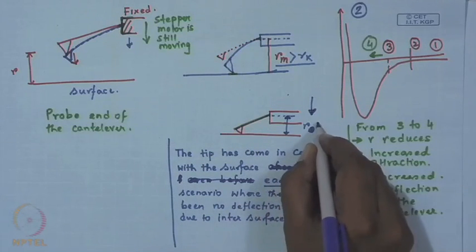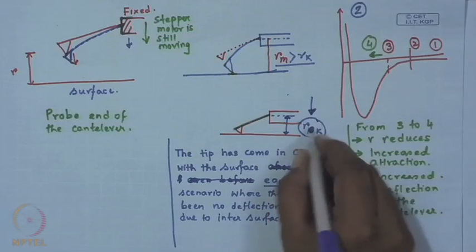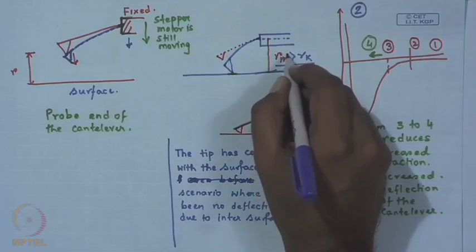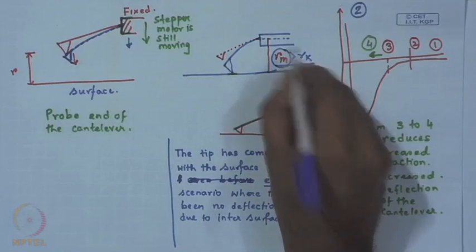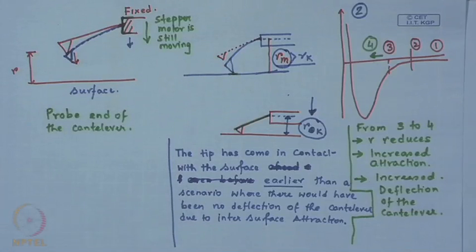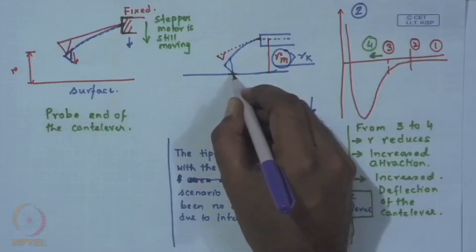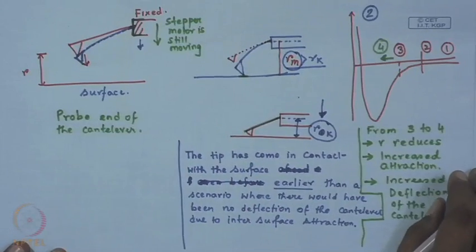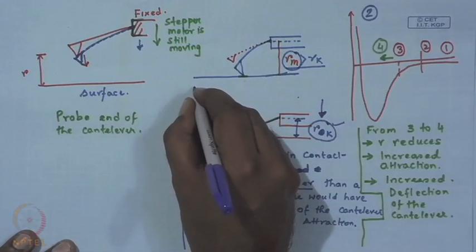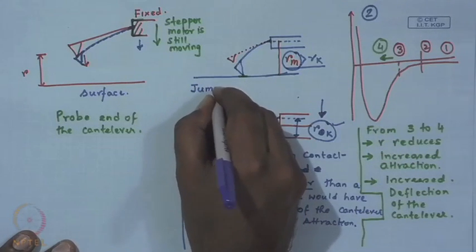But let us say the separation distance at which it comes in contact is something like this. What you will find here is that since you have an active interaction and the cantilever now bends or deflects, the probe tip comes in contact with the surface ahead of this RC. This is what is known as jump to contact.